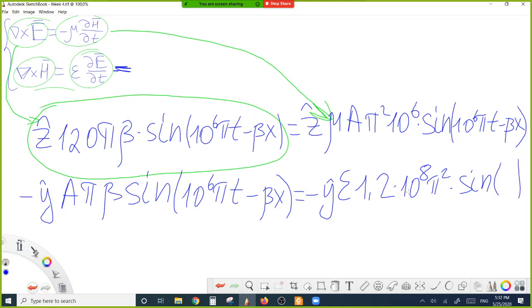The argument of sine is always the same. Now we have the system of equations with unknowns beta and a.